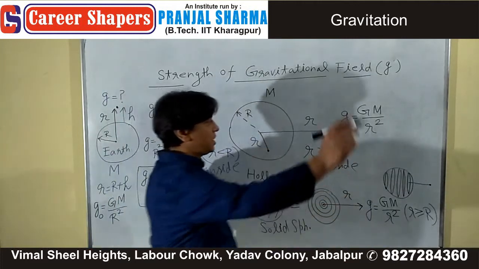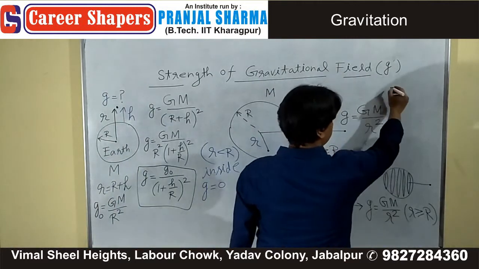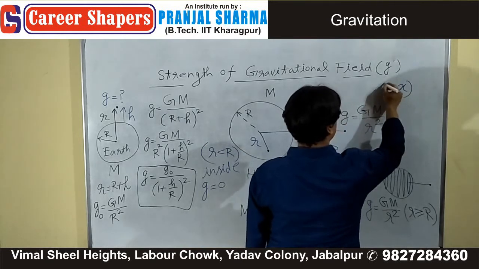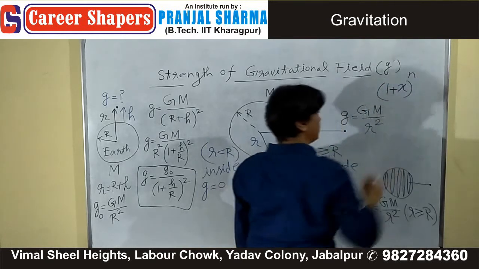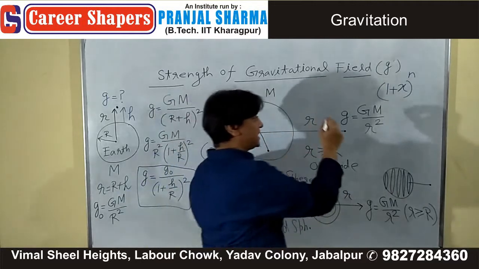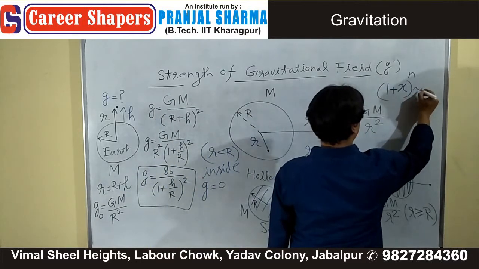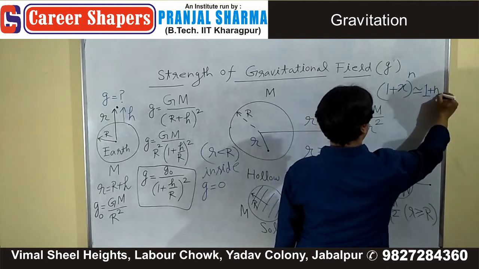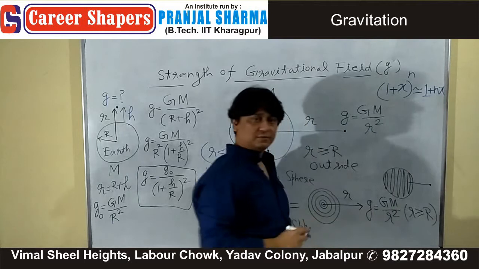If somebody writes 1 plus x to the power n, then 1 plus x to the power n can be approximated with 1 plus n times x.